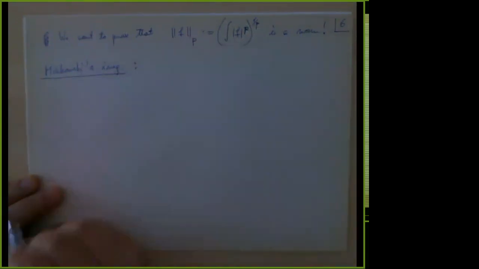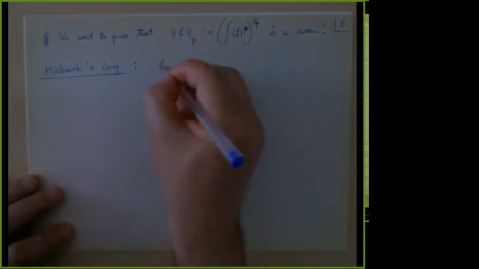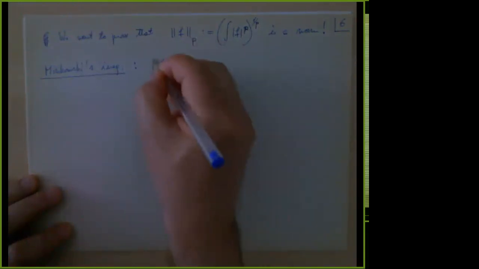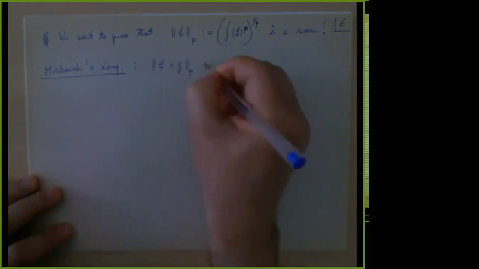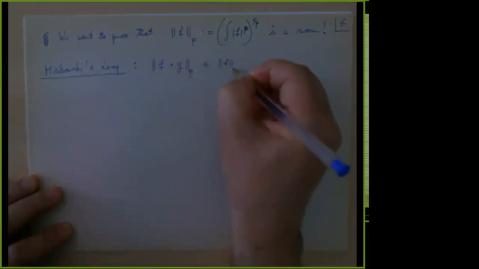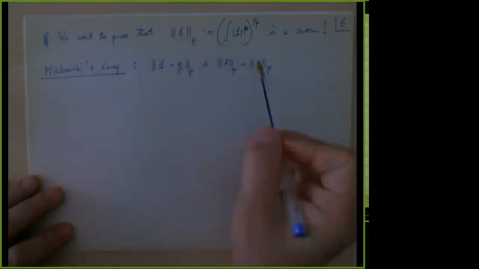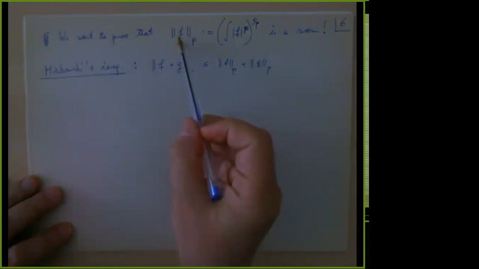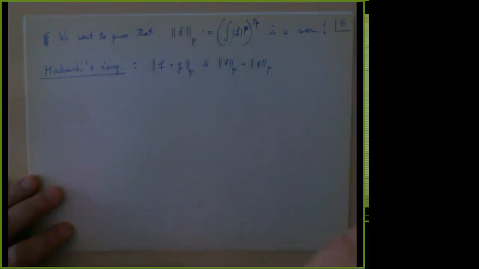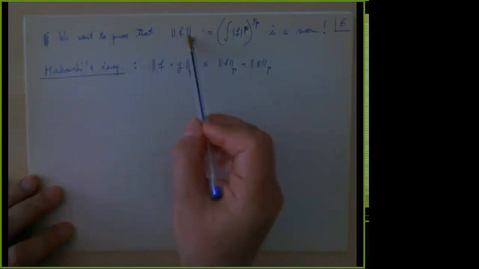Which says the following. It says that ‖f+g‖_p is less or equal than ‖f‖_p plus ‖g‖_p. So it establishes the triangle inequality for this function, and you see that homogeneity is trivial, and at least if we restrict to continuous functions, the only continuous function whose pth norm is equal to 0 is the 0 function.